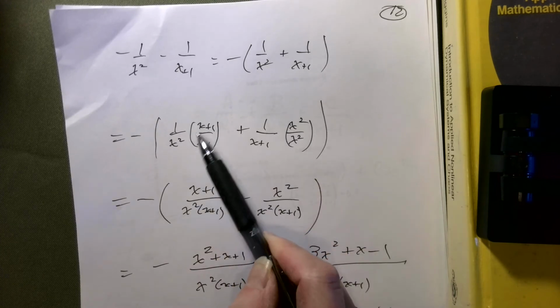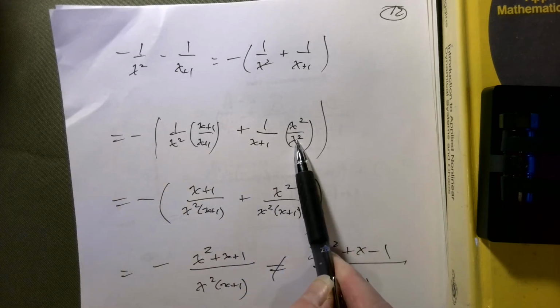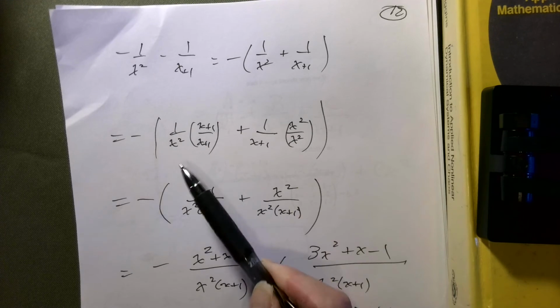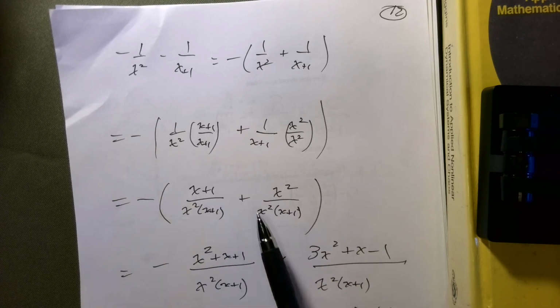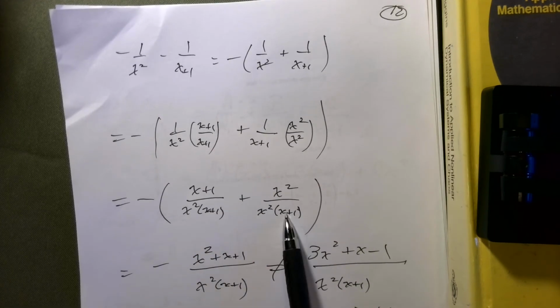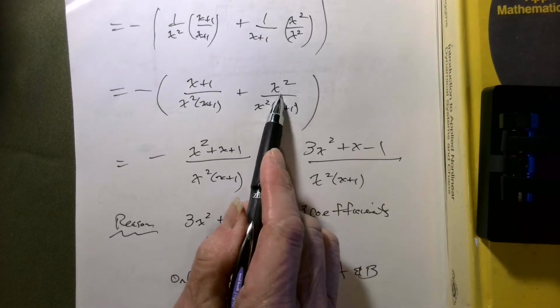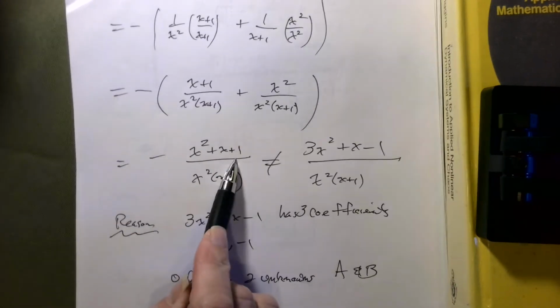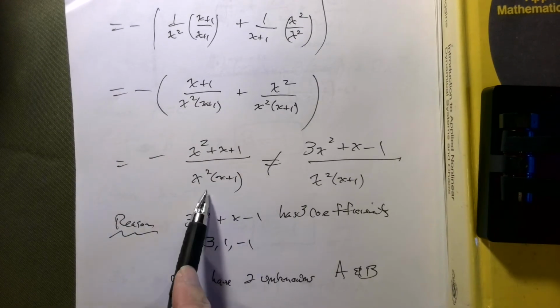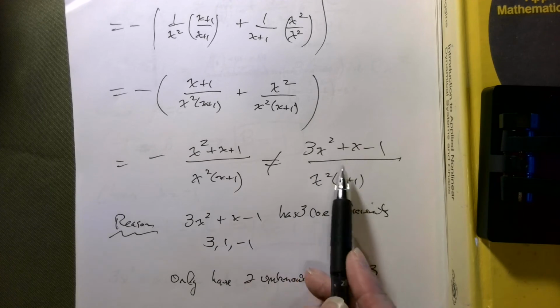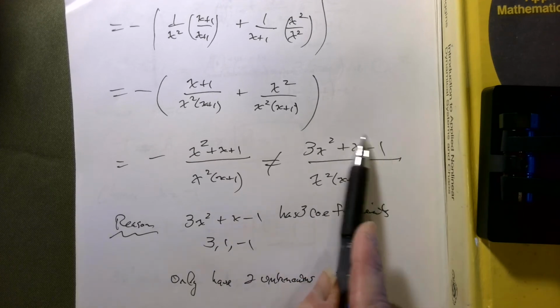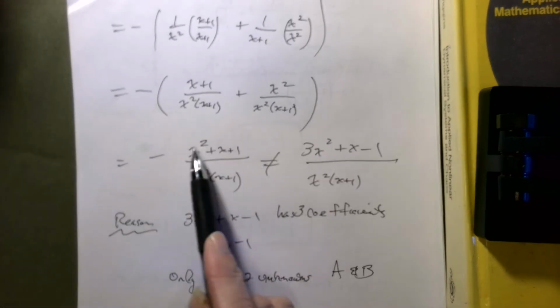So I'm missing the x plus 1 here, and I'm missing the x squared here. So then upstairs we're going to get x plus 1 plus x squared over my common denominator. And if I put these together, I'm going to get x squared plus x plus 1 over this guy. But this is what we started out with. This is not correct.